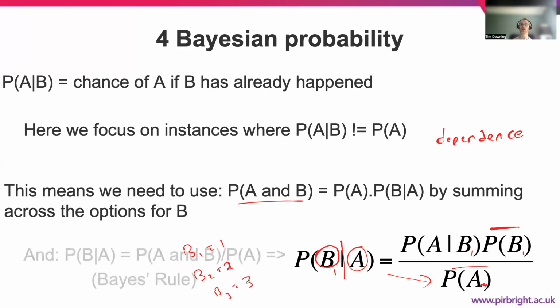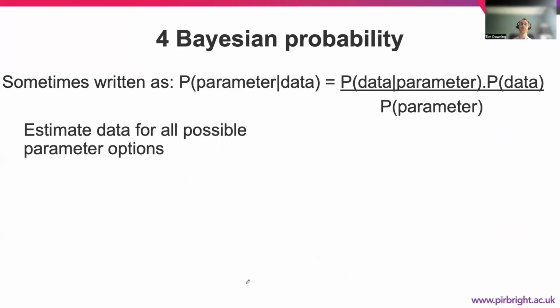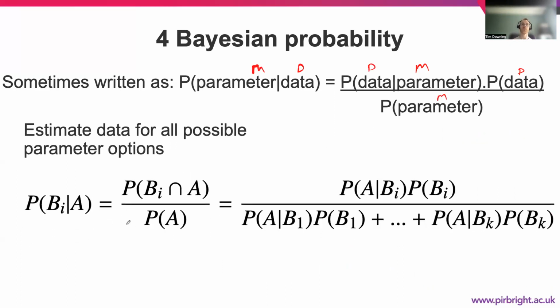So when we think about this, we can imagine that we had some sort of probability of a model given the data, which we write as the probability of data given the model, or the probability of data given the parameter or the model. So when you think about this, we're looking at this intersection of Bi across all A.